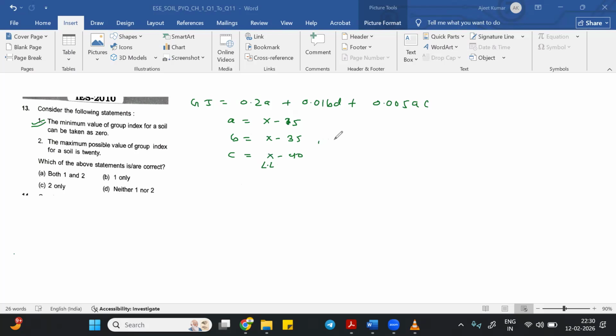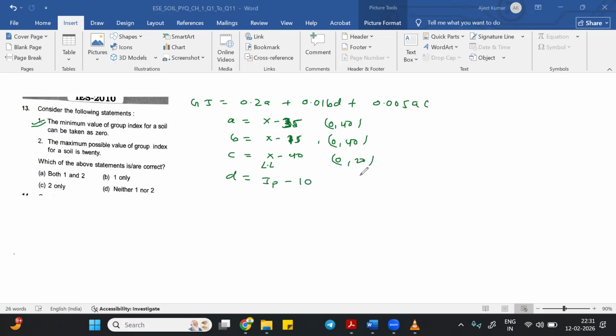The ranges are 0 to 40 for A, 0 to 40 for B, and 0 to 20 for C and D. D is IP minus 10.